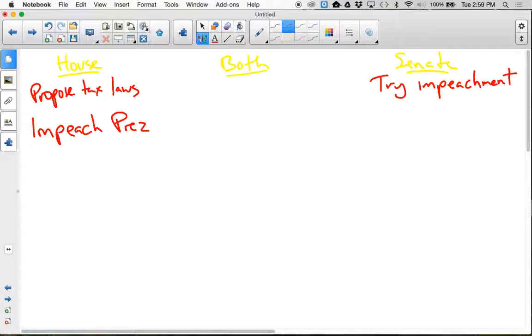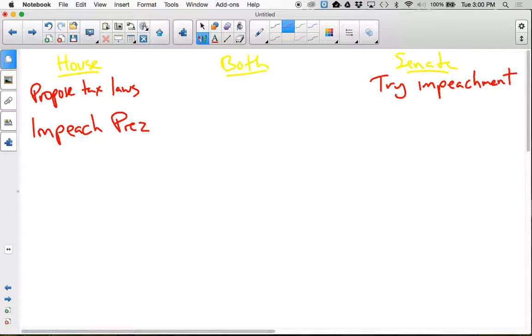The closest we had would have been whom? Nixon. And what did Nixon do? Why was Nixon not convicted of impeachment? Because he resigned. That's the only reason why. He would have been convicted, but he resigned. All right, so we've never had one that has had that. We will talk about what that looks like, the impeachment process later.